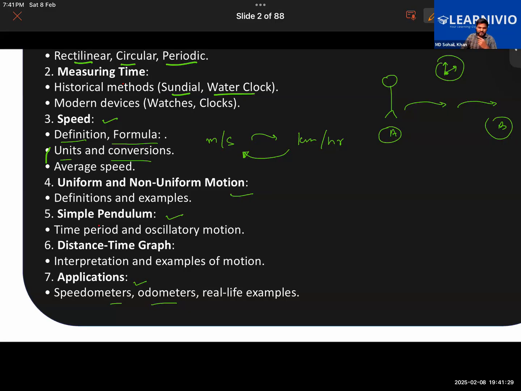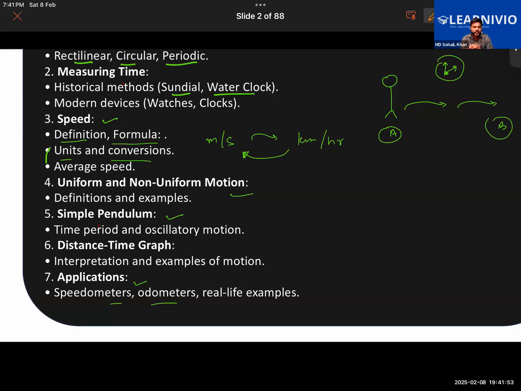Okay, Razan, you were trying to say something? Uniform motion means when an object moves at the same speed in a straight line, covers the same distance, and is known as uniform motion. Okay.